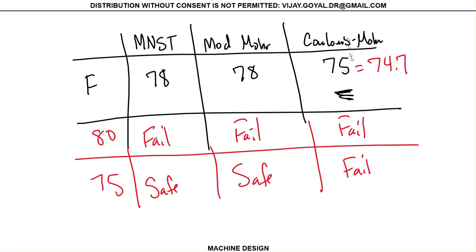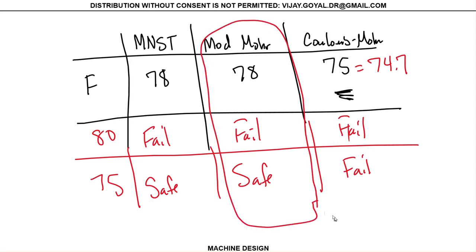I rounded up just to have a nice round-up value. This value stays below this value, so I am still safe with this, but I will not be safe in this particular scenario. And the one that we commonly people like to use is this theory right here. Okay, this is the most common and is very popular that we like to use.